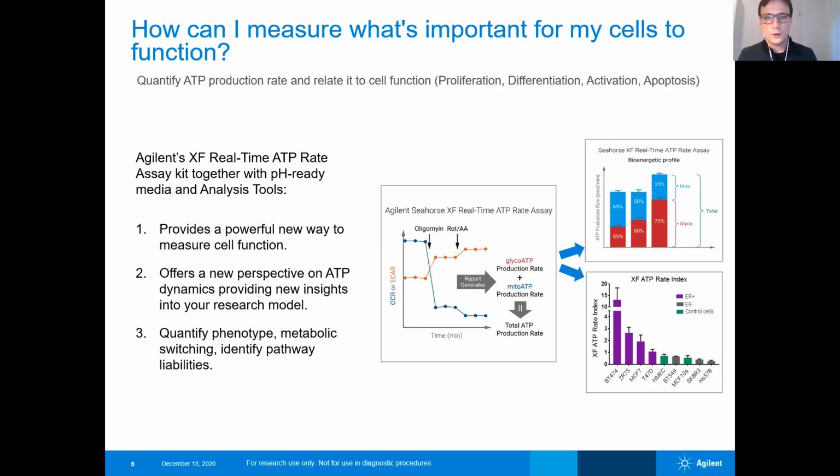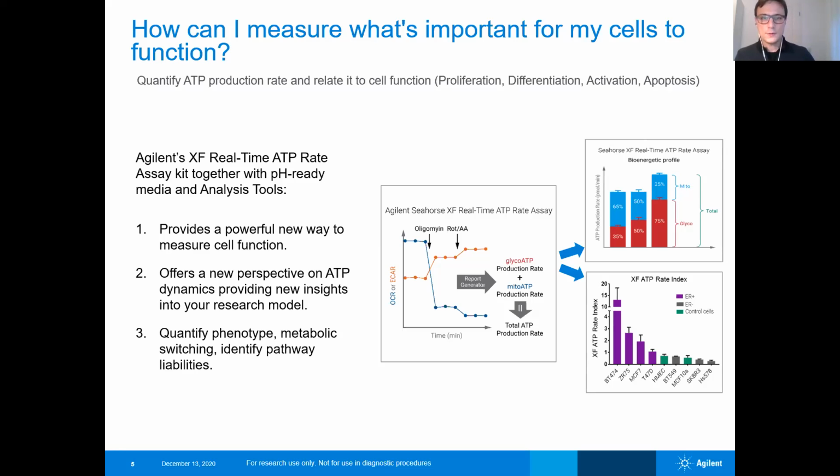For the glyco-ATP production rate, we first translate the ECAR, which is the pH change we measure in the system, into milli- and picomoles per minute of secreted protons, into a PER, a proton efflux rate.